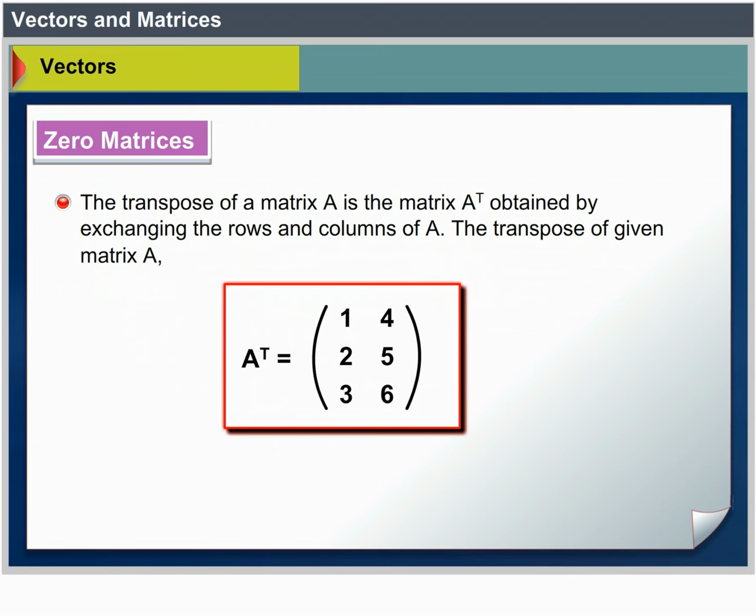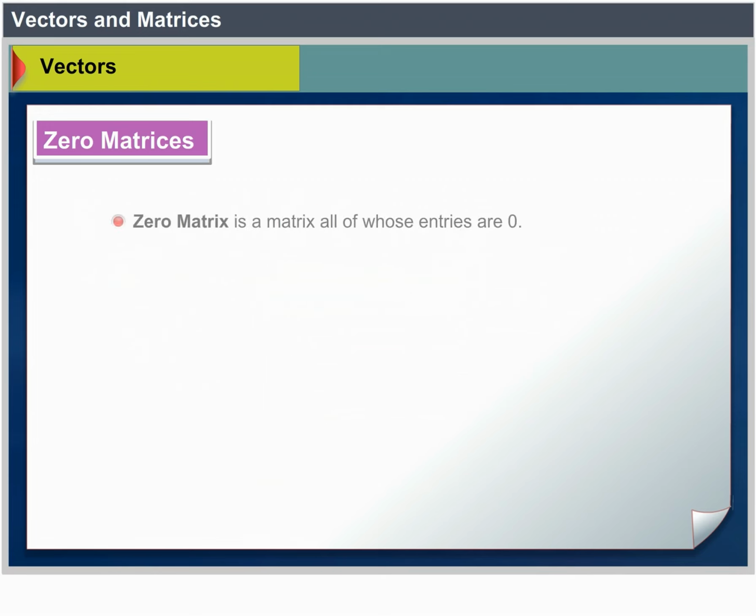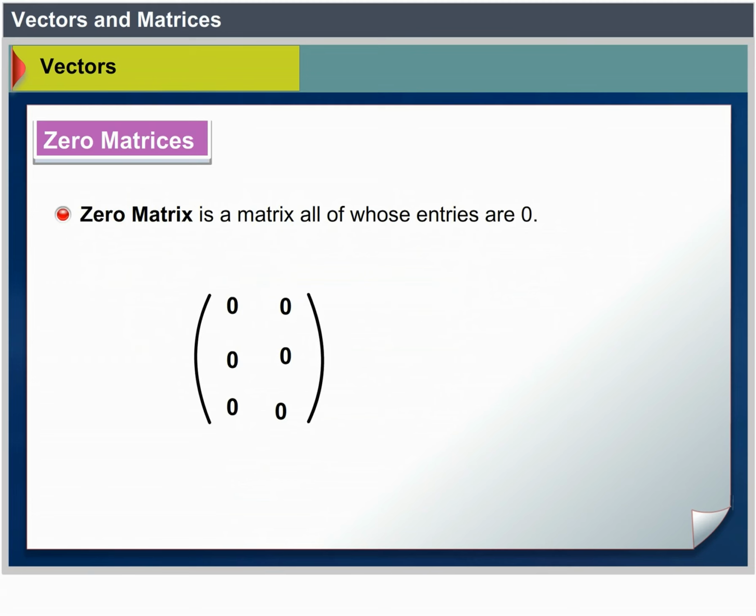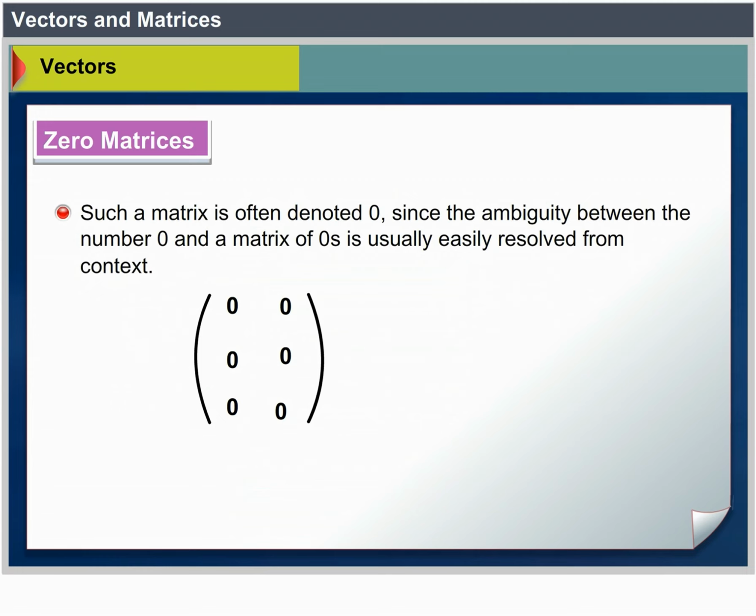Zero matrix is a matrix all of whose entries are 0. Such a matrix is often denoted 0, since the ambiguity between the number 0 and a matrix of zeros is usually easily resolved from context.